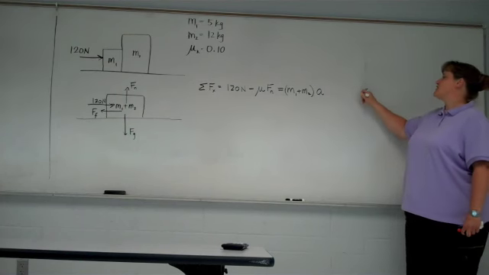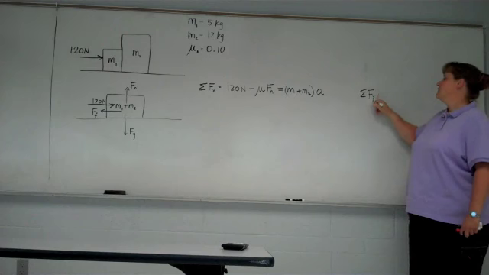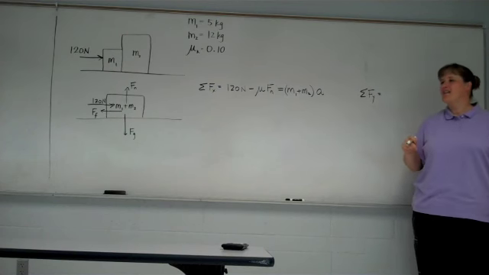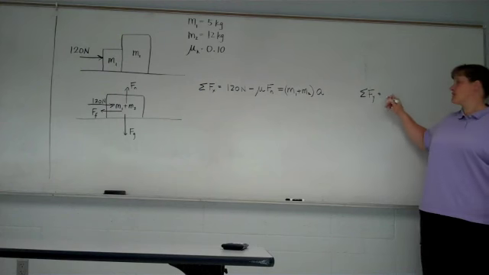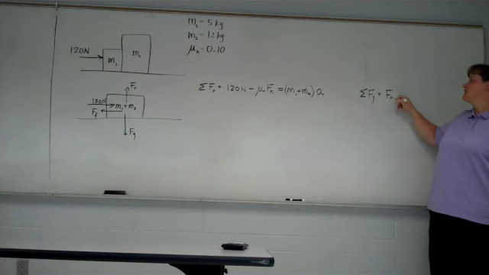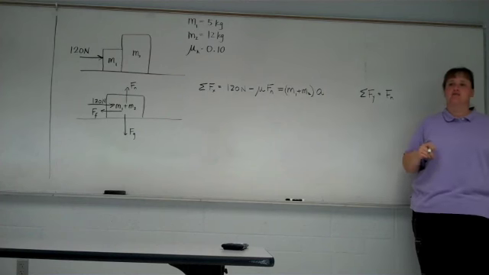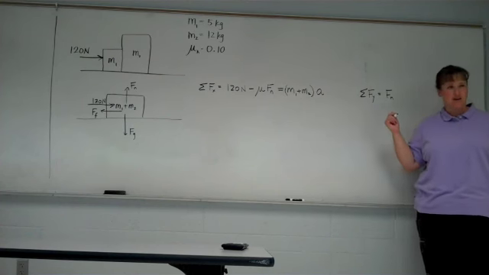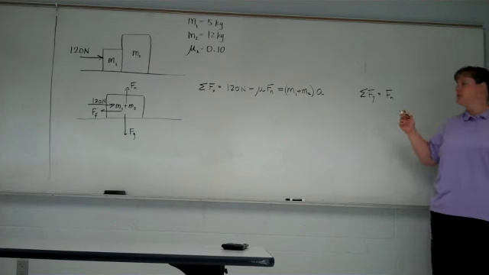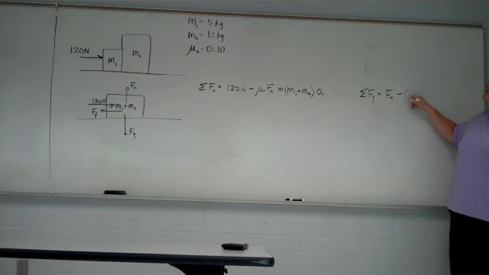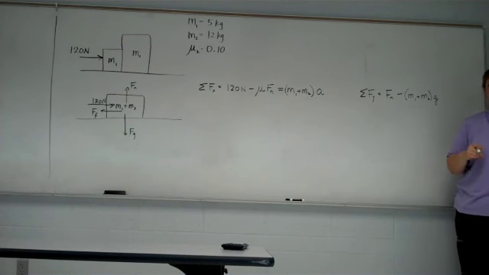We need to look at the y direction as well. In the y direction, we have the normal force upwards and the force of gravity downwards. Now force of gravity, I'm going to go ahead and make the substitution, mg. But it's the total mass, m1 plus m2, times g, because we're treating it as one big old box. Total mass of 17 kilograms.